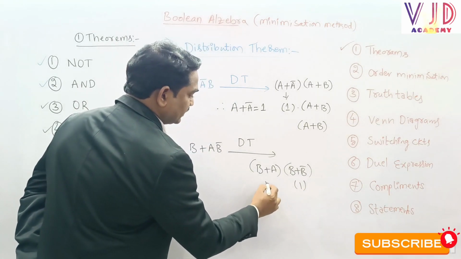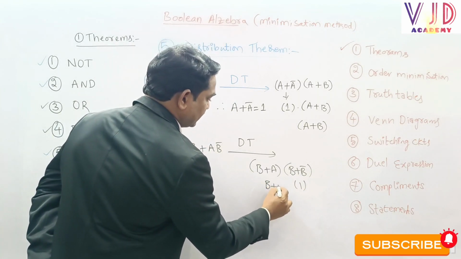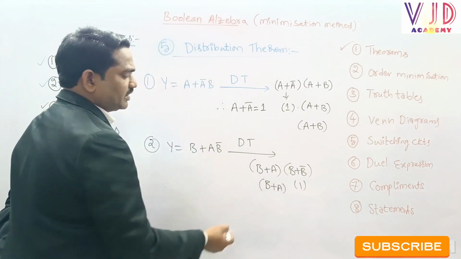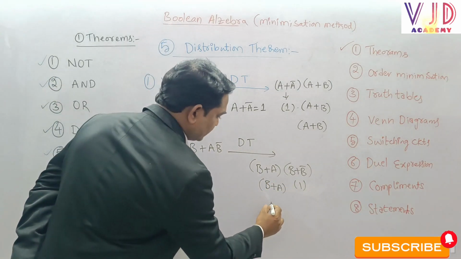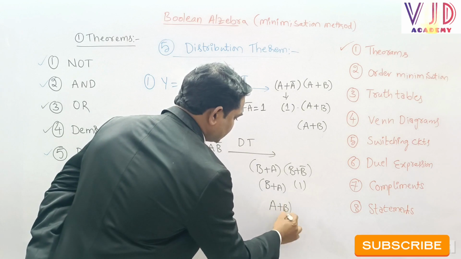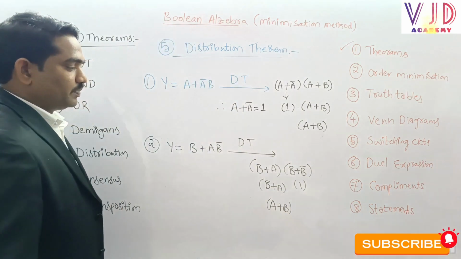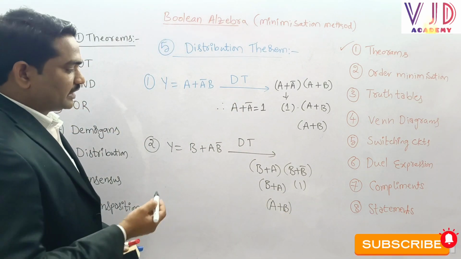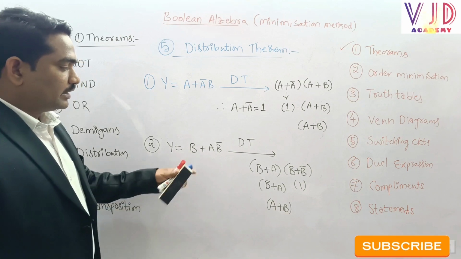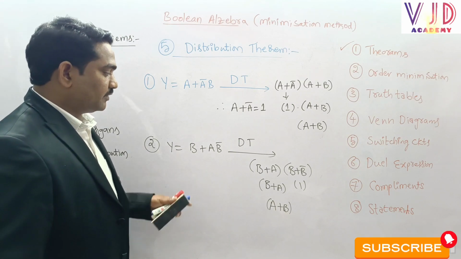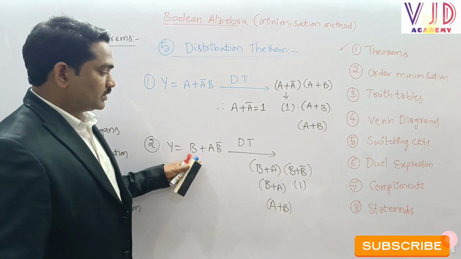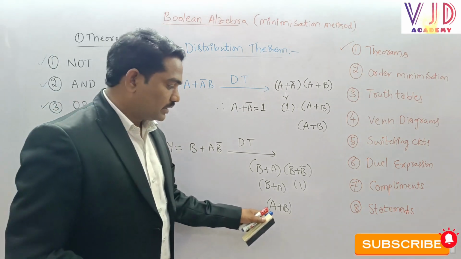Now the output is B plus A, or we can say A plus B. So this is the output. Finally we can say A plus B or B plus A. So this is the output, which means the distribution theorem will reduce one extra common variable, so that it will produce one unique solution.